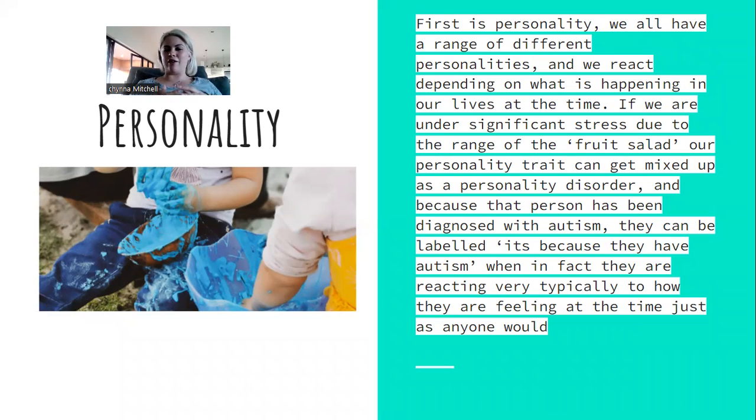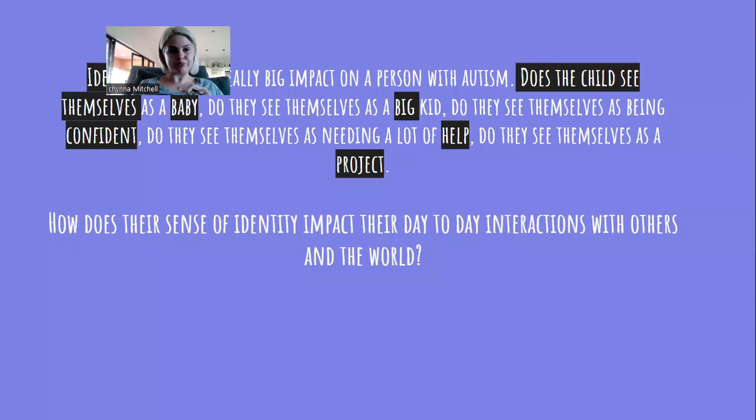When in fact, they are reacting very typically to how they're feeling at the time, just as anyone would, based on that barrier as such. Each child has a different personality. We all have different personalities. So that can become a barrier in the information processing disorder.